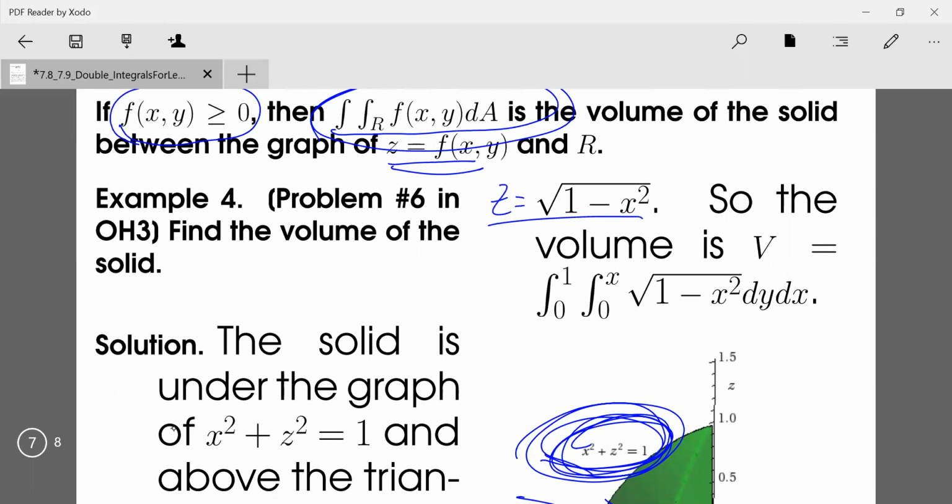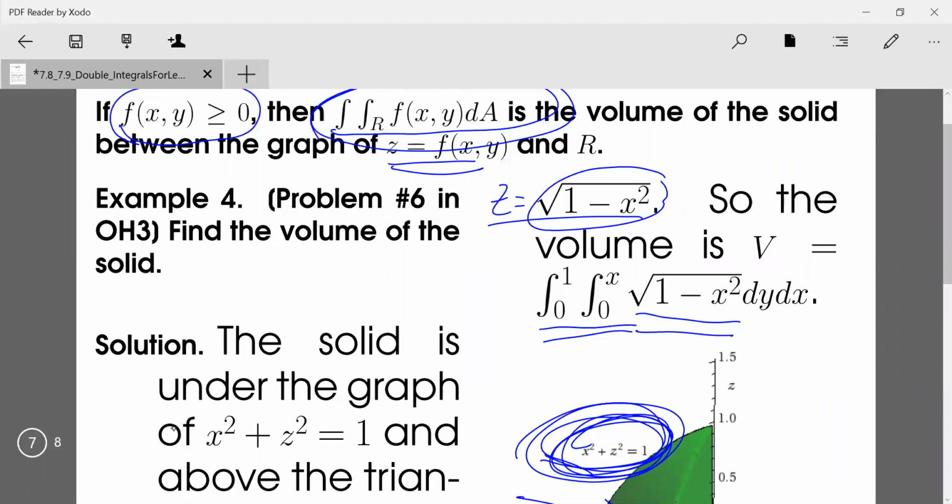So that's our function f. And we integrate this function over the region R and represent it as an iterated integral. This will represent the volume that we are looking for.